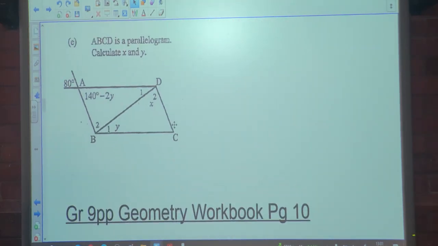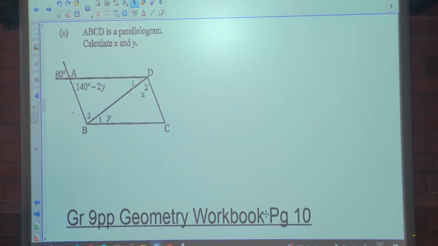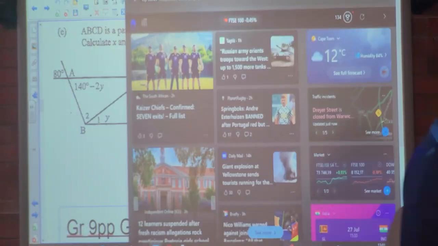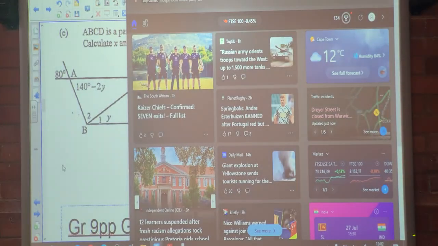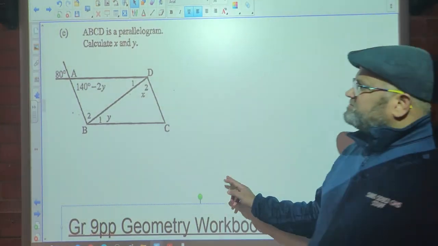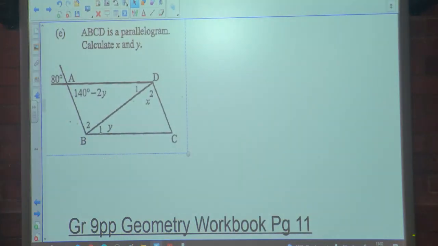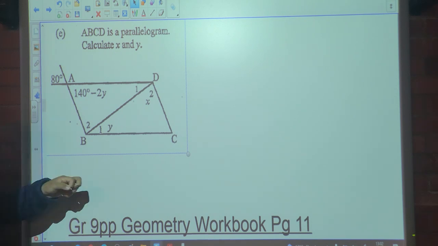So we're on page 11 now, okay? Ready? Page 11. So here we are told that ABCD is a parallelogram. Four things come to mind. You'll see me always reminding myself what is evident in a parallelogram.